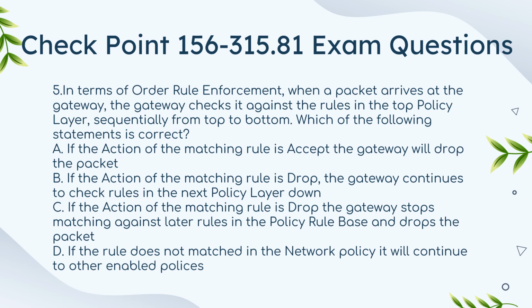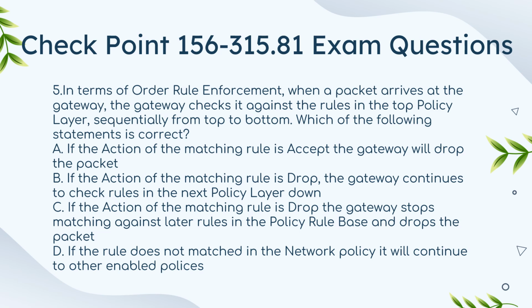5. In terms of order rule enforcement, when a packet arrives at the gateway, it checks it against the rules in the top policy layer, sequentially from top to bottom. Which of the following statements is correct? A. If the action of the matching rule is accept, the gateway will drop the packet.